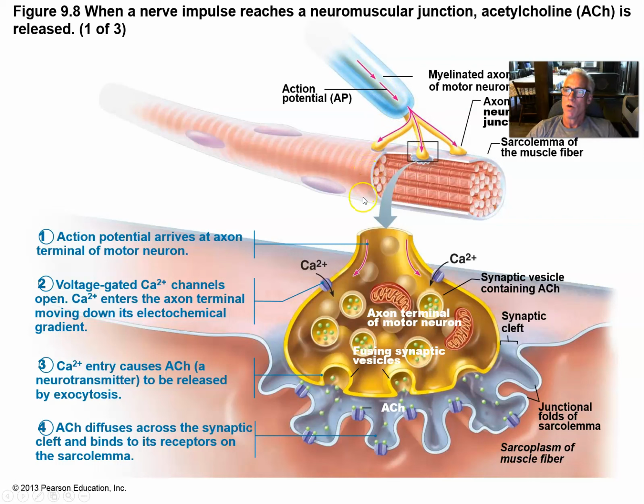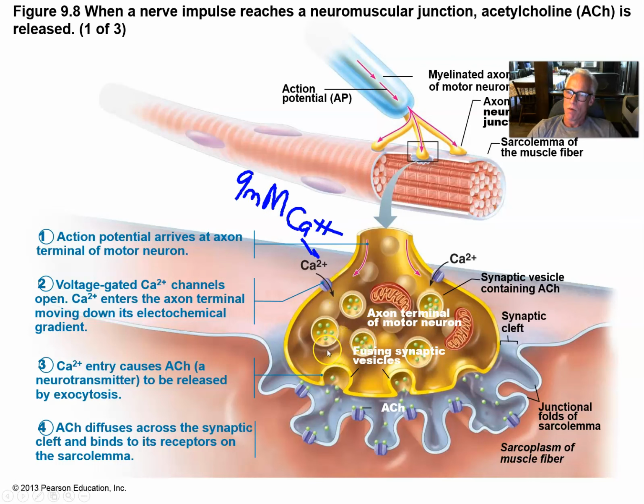We have a neuron and a muscle cell and a junction. When the impulse, or change in polarity of the membrane potential on the axon, sweeps down to the terminal, there are membrane channels that are sensitive to that change in polarity. When the action potential arrives, calcium channels open in the axon terminal and calcium ions rush into the cell.